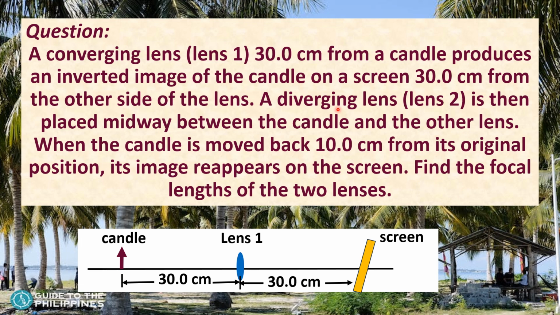A diverging lens, or lens number 2, is then placed midway between the candle and the other lens. When the candle is moved back 10.0 centimeters from its original position, its image reappears on the screen. Question: find the focal lengths of the two lenses.